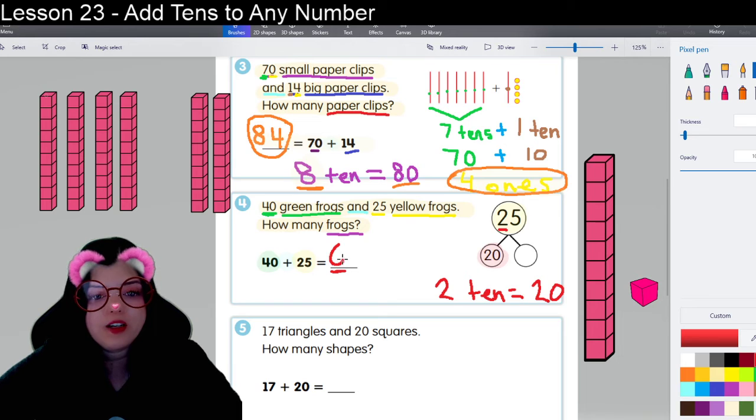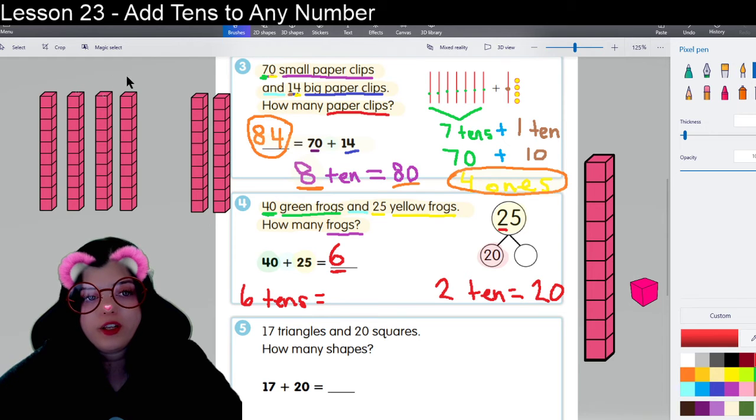So I have 6 in our tens place. And we know right now that 6 tens equals, we know we have our 4 here, so 10, 20, 30, 40, 50, 60. 6 tens is equal to 60.